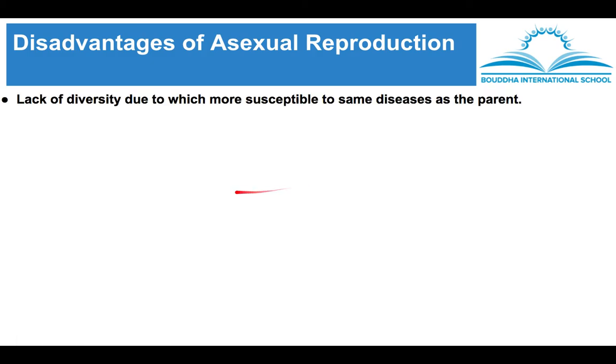Now let's go to disadvantages. Because during asexual reproduction there will be no exchange of genes, the offspring are identical with the parents, so there is no diversity. Diversity means there are differences; here all look similar. Due to which if parents get any kind of disease, the same kind of disease will be transmitted to, or suffered by, the offspring.